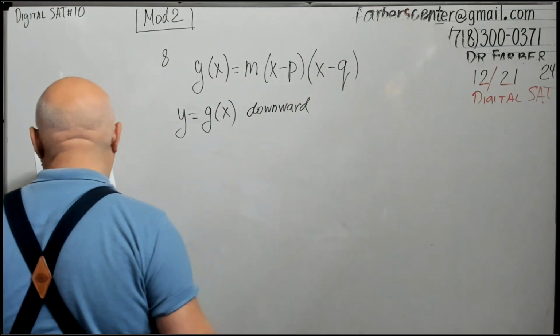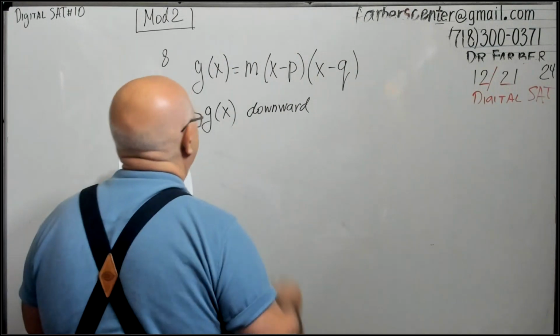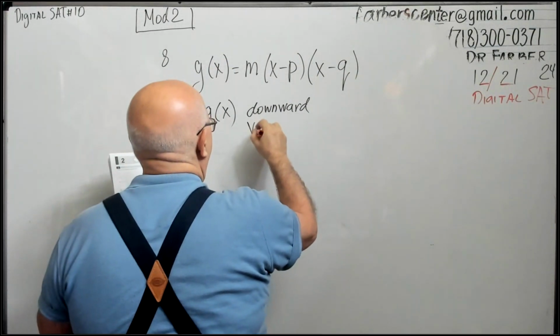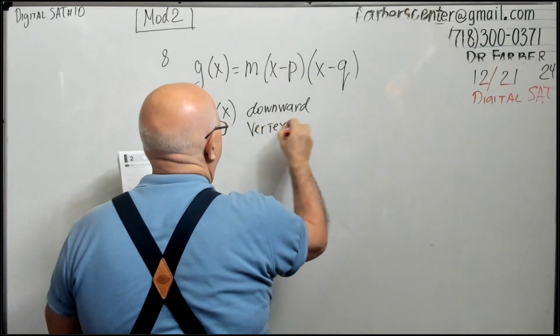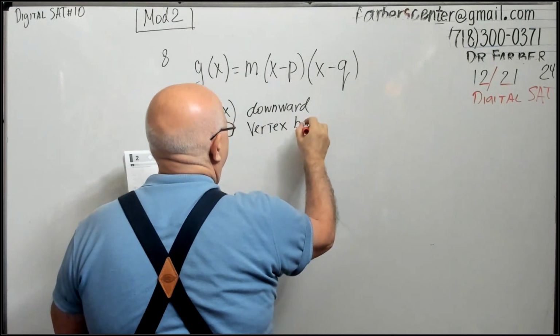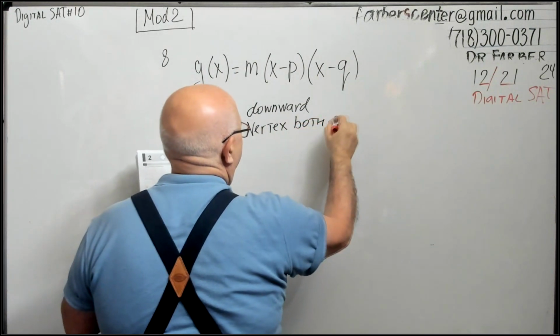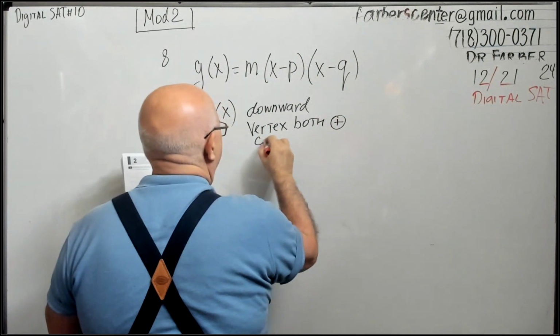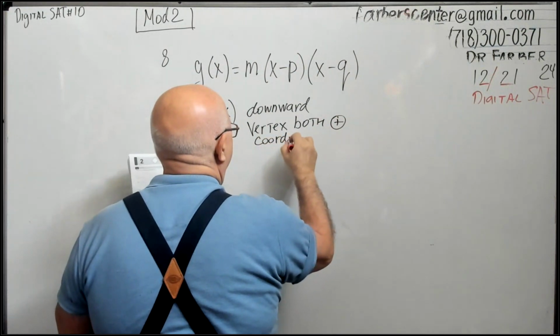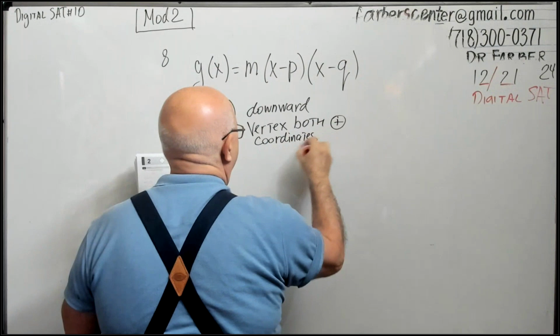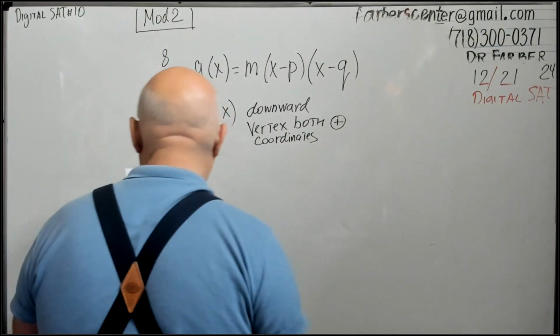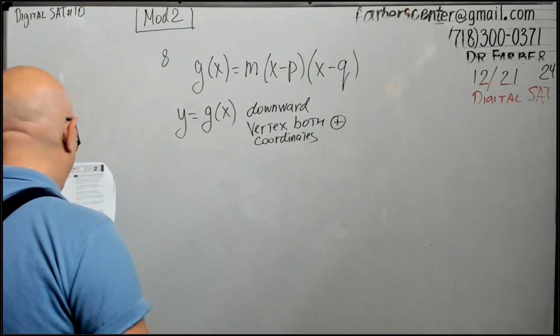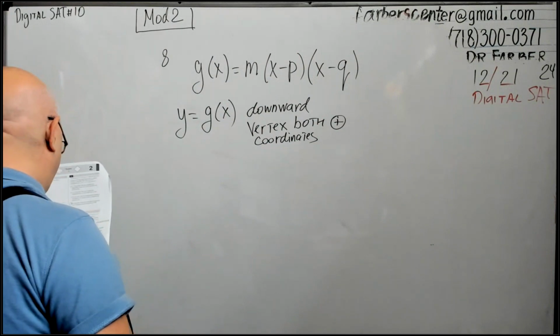And the coordinates of the vertex are both positive. Which of the following must be true?